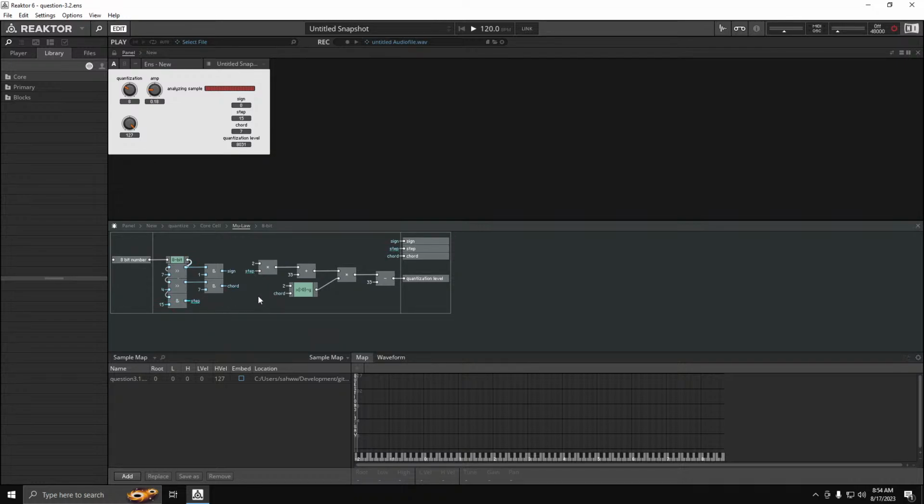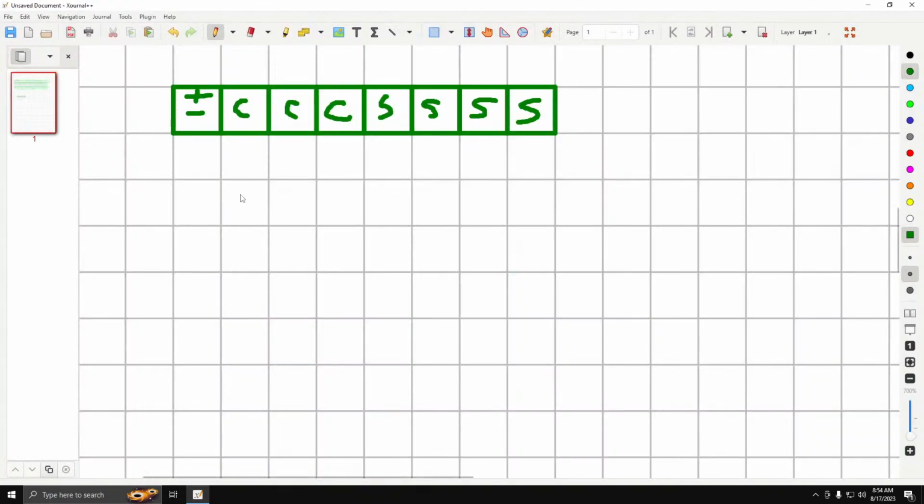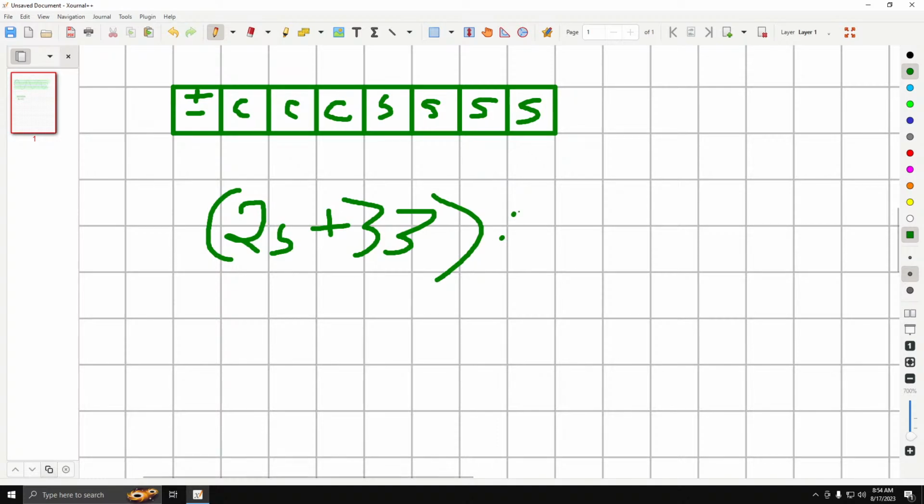And then the formula for finding the quantization levels based off the sign, chord, and step is, what is it, where S is step and C is chord, here, I'll just write it down. It's (2S plus 33) times 2 to the power of C, minus 33.